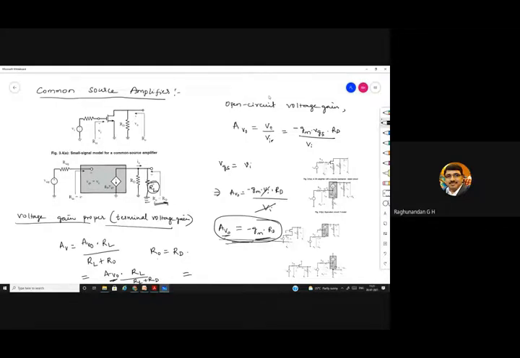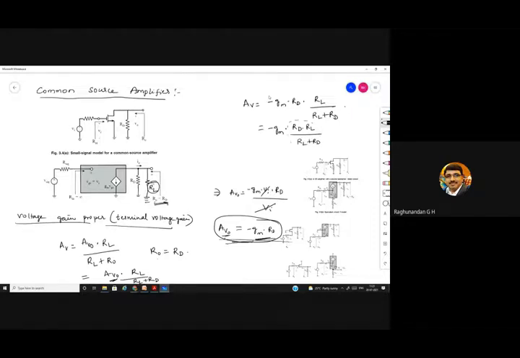AV is equal to AV naught, which is minus GM into RD, into RL divided by RL plus RD. When I combine this, it becomes RD into RL divided by RL plus RD.